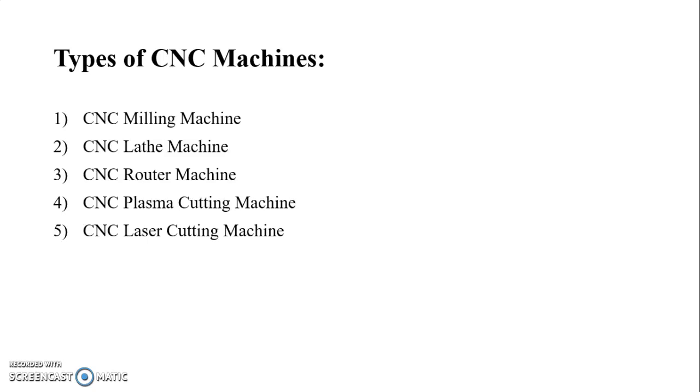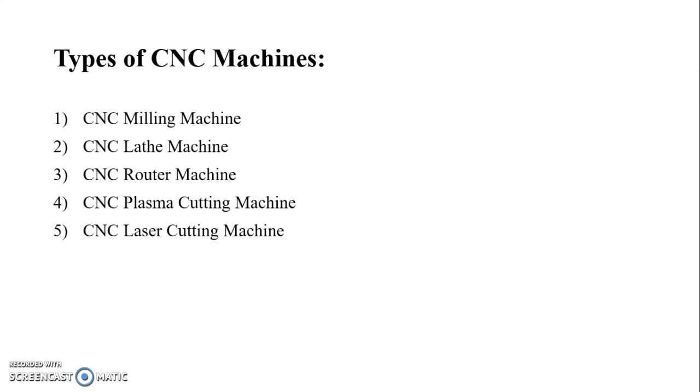Then another machine is the CNC laser cutting machine. The CNC laser cutter operates quite like a CNC plasma cutter, but instead a laser is used to cut the wood, plastic, or metal. Laser can also be used to cut plastic.